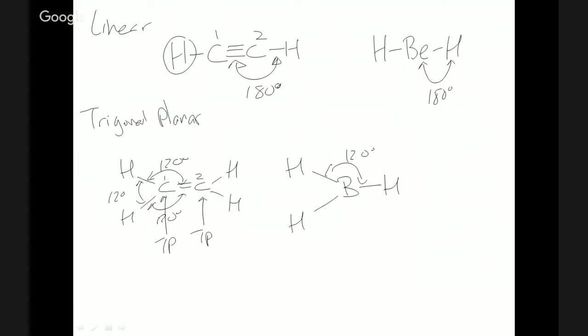I want to spend some time on tetrahedral shape. So again, let's look at methane. The Lewis structure for methane. Not drawn perfectly there, but this would be considered square planar.